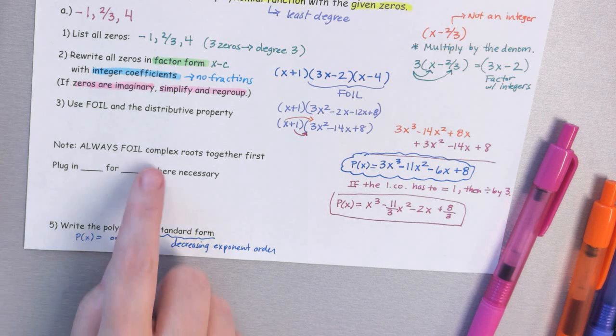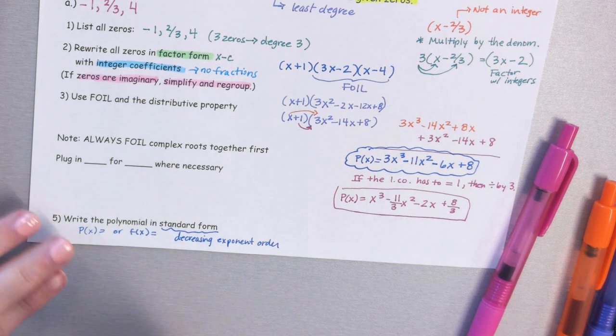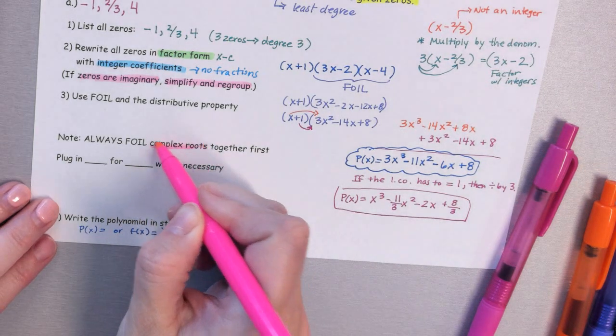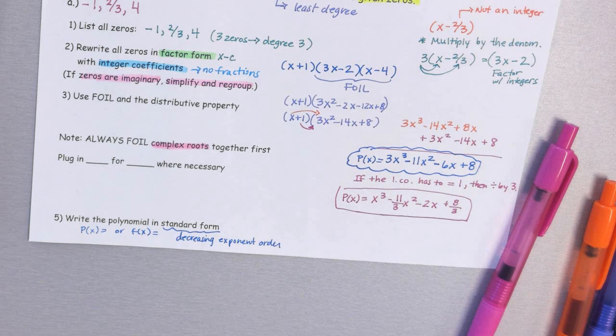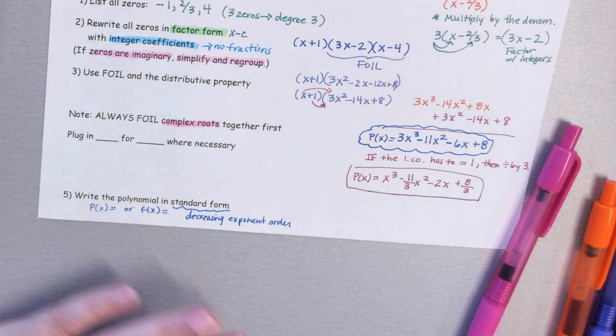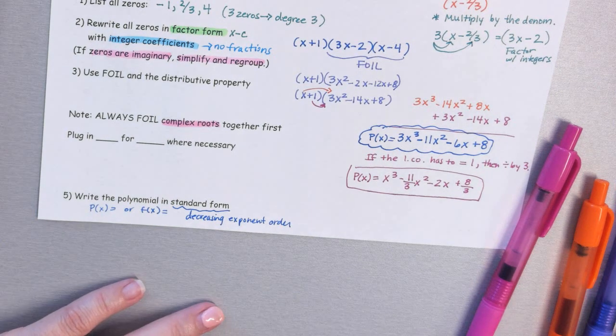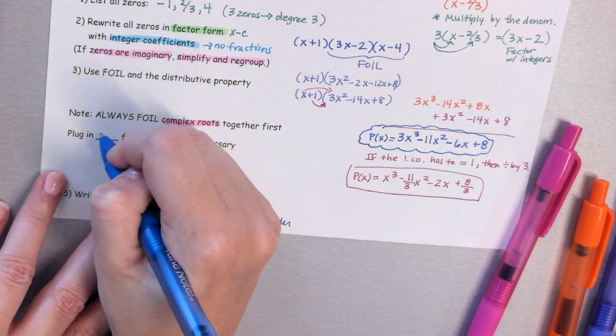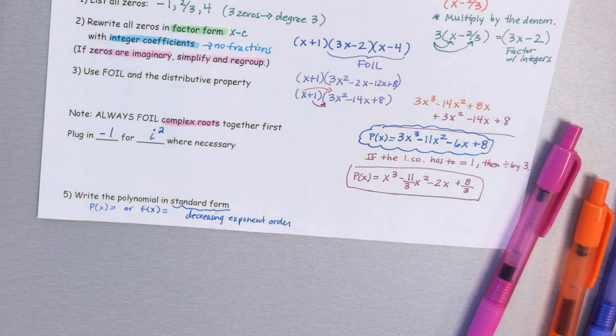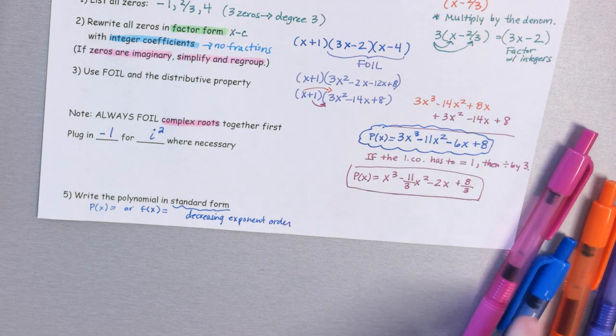When you do get complex roots, you're going to multiply them together first, and when you're multiplying complex roots by each other, do you guys remember what sometimes happens? You get i squared. And what do you plug in for i squared? Yes. So we're going to have to plug in negative 1 for i squared where necessary. And this is going to happen in parts B and C on the back.